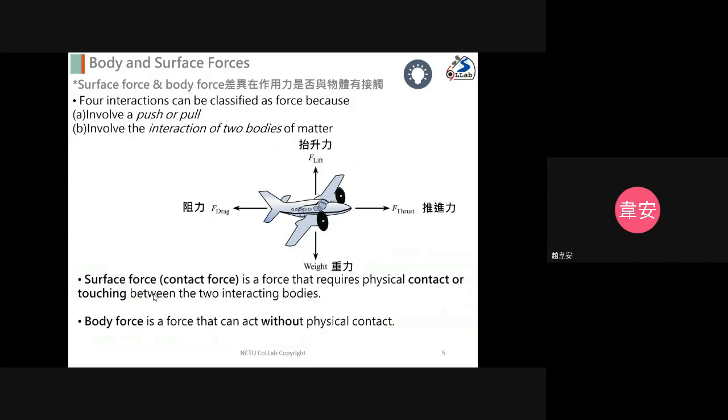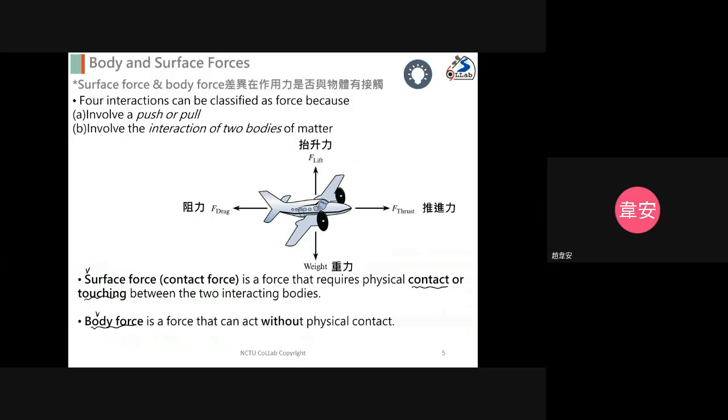It is easy to define: the surface force is a force that requires physical contact or touching between two interacting bodies, but the body force is a force that can act without physical contact. So let's go back to our problem for the airplane.